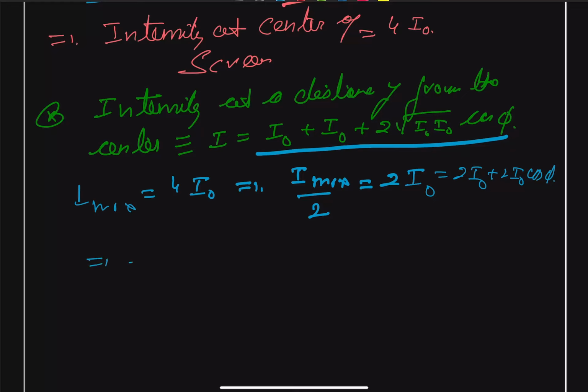So this gives us that cos of phi is equal to 0, which gives us that phi is equal to pi by 2, and the phase difference is pi by 2.